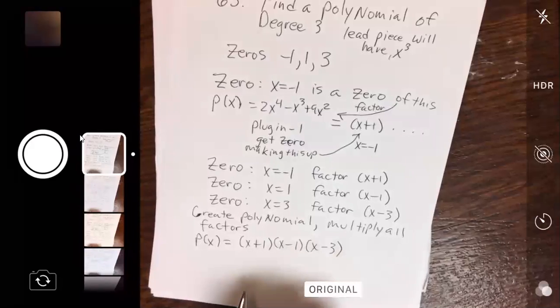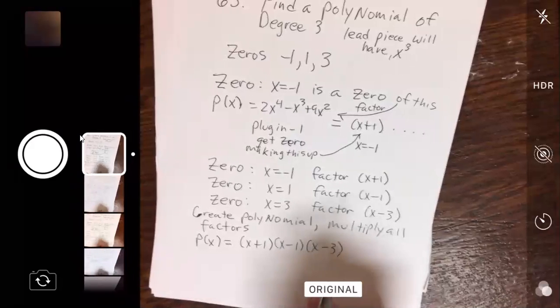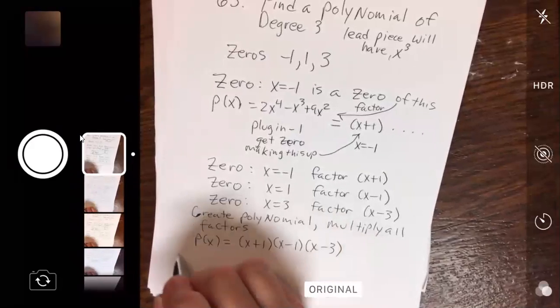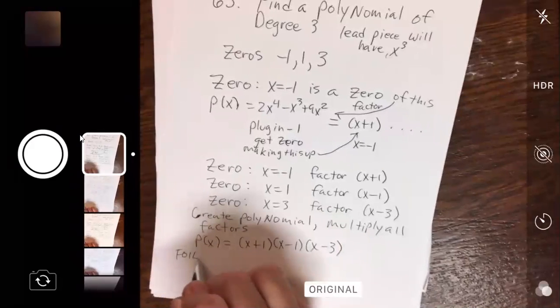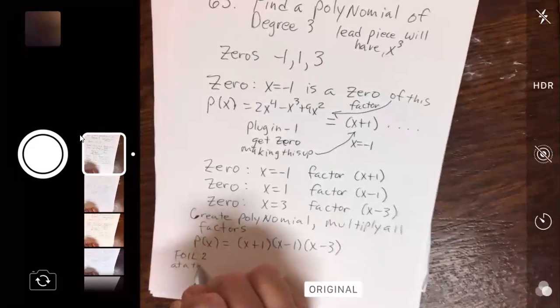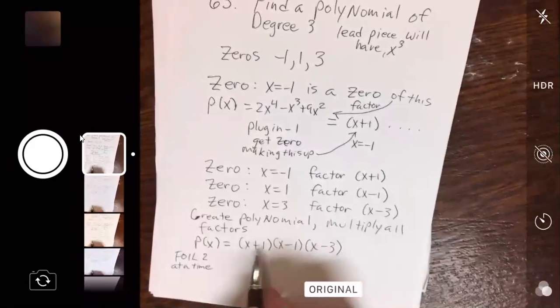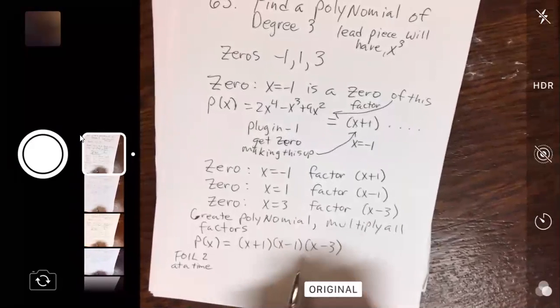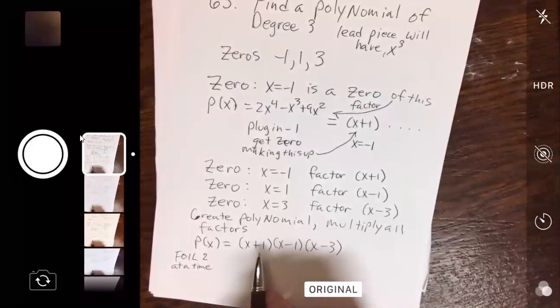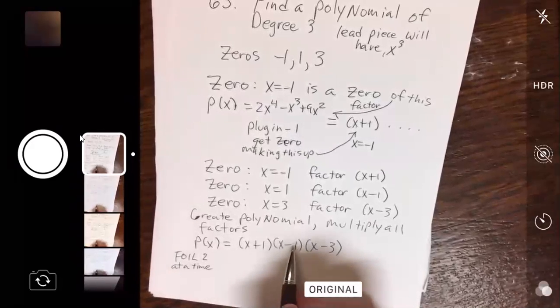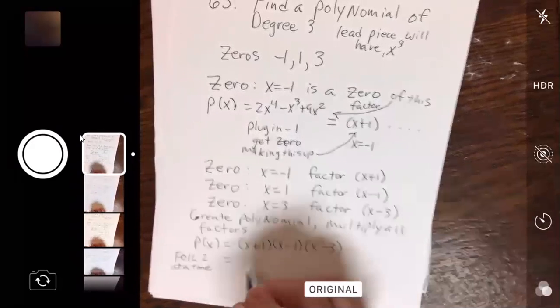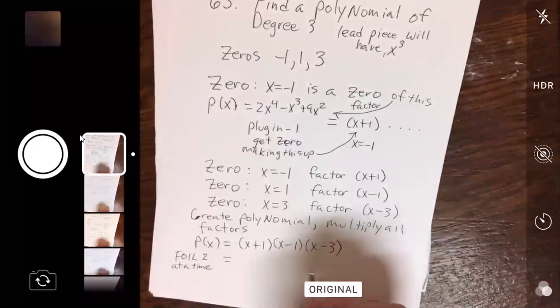Questions this far? No, sir. How you FOIL it out is up to you. You can only FOIL 2 at a time. So you could do the first 2 and hold this, then bring it in, or do the last 2, hold this. You could even do first and third and hold the middle if you wanted. I always do the first 2 and hold this.